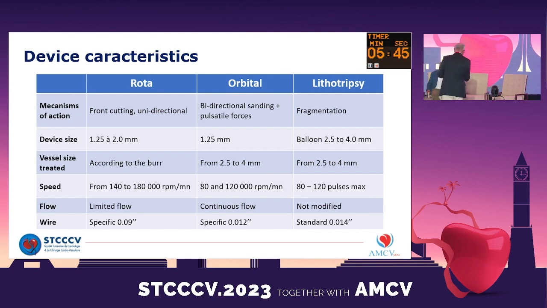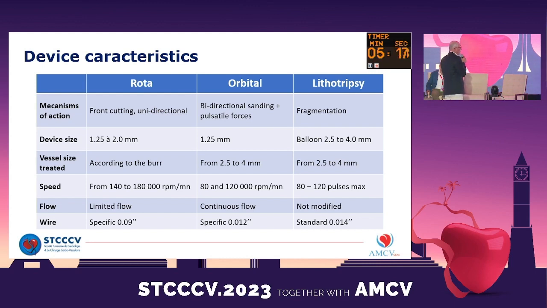The orbital is the second atherectomy system, with a bidirectional sanding. You can treat the patient antegrade and retrograde without the risk of blocking the crown, and you have pulsatile forces to generate a fracture in the wall of the coronary artery.